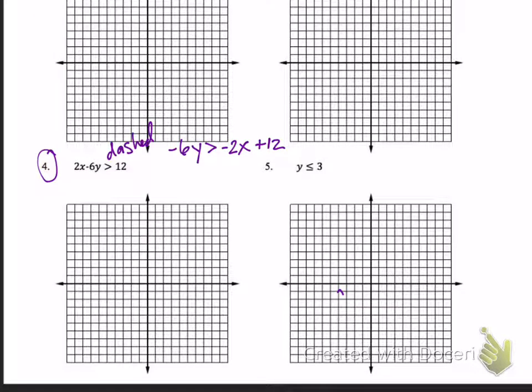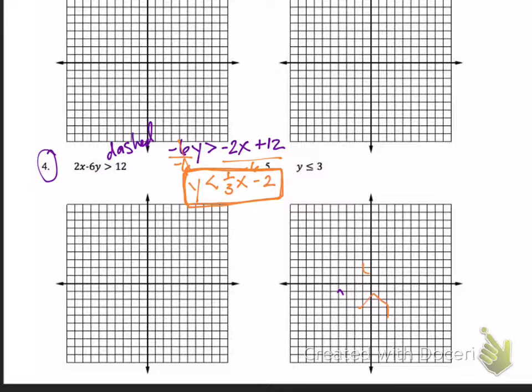I'm going to divide each side by -6. What happens to the inequality when I divide by a negative? Switch the sign. Good. So I get y is less than -2 over -6, which becomes 1/3 x minus 2. So here it is in slope-intercept form.